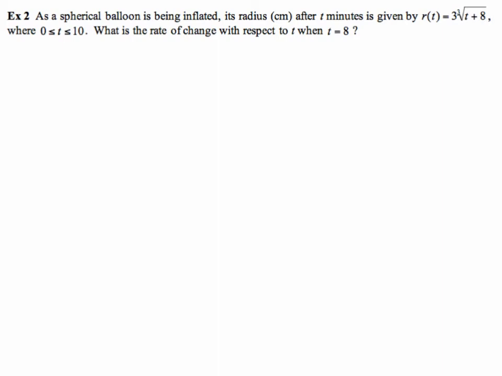So since it involves rate of change, that requires us to take the first derivative of the equation, but you can see that you have a cube root here. So I'm going to change the equation to 3 bracket t plus 8 bracket, and since it's cube root, it would be to the 1/3.